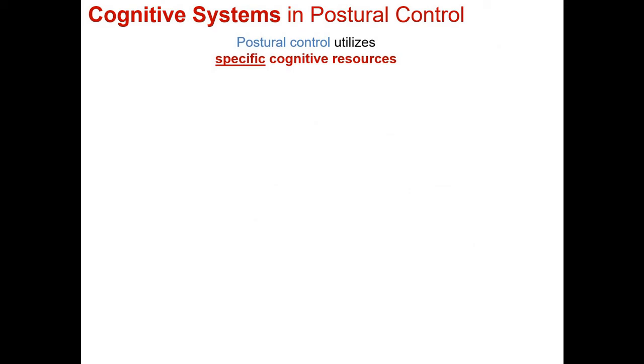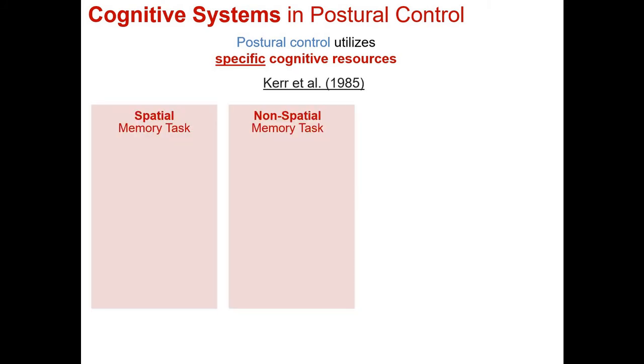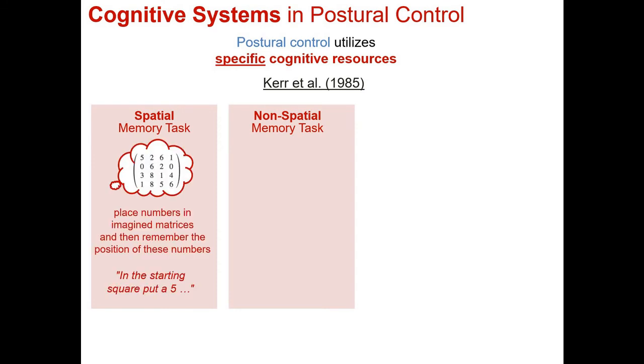The term cognitive resources captures many different things. It turns out that the task of controlling posture utilizes specific types of cognitive resources. Let's now look at what happens in Kerr's dual tasking experiment when we consider different types of cognitive tasks. First, we have the spatial memory task that we just described.